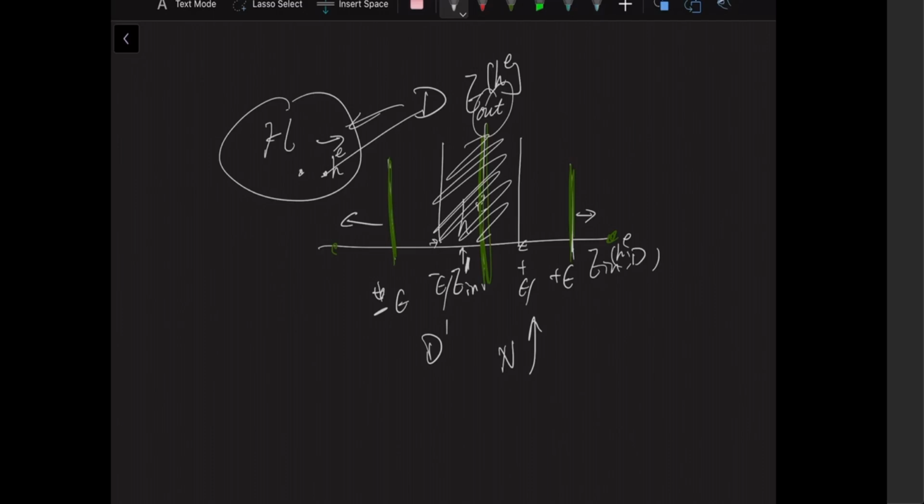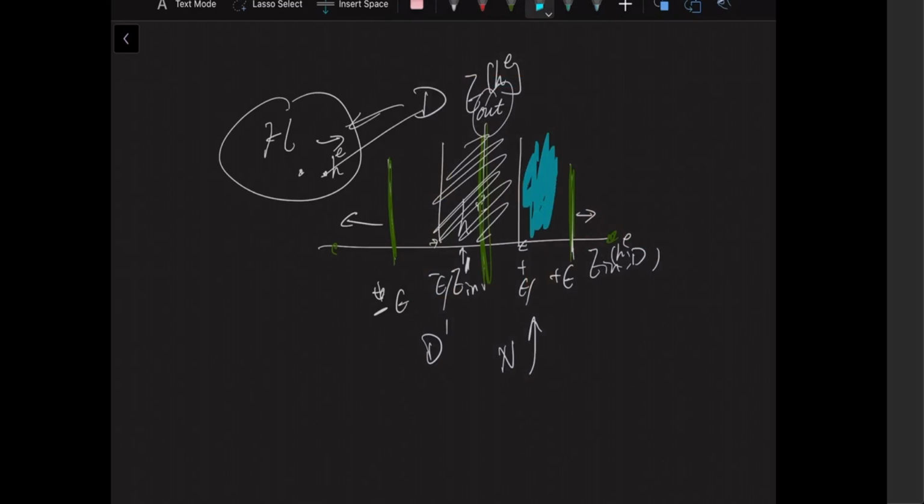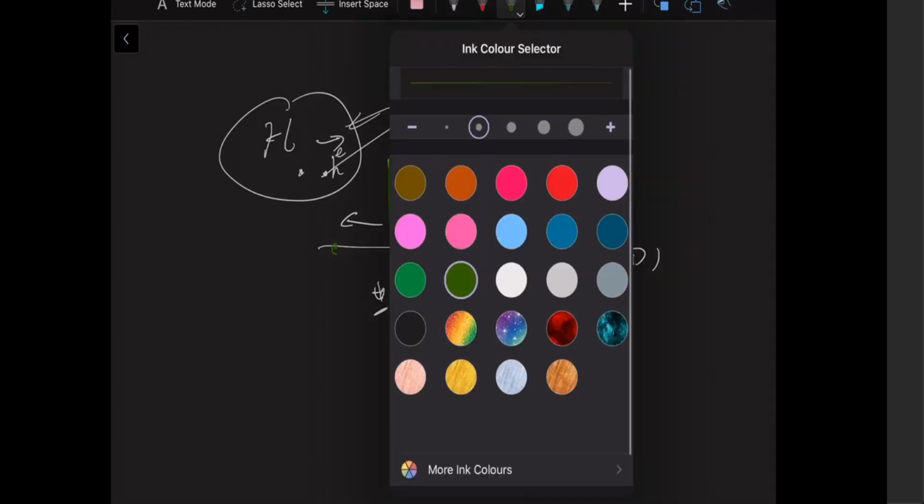We want to see, okay, then there is some safe zone here. That's probably not a good illustration. Why is this color so funny?